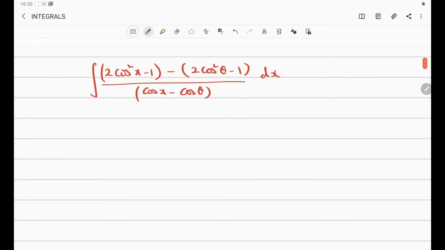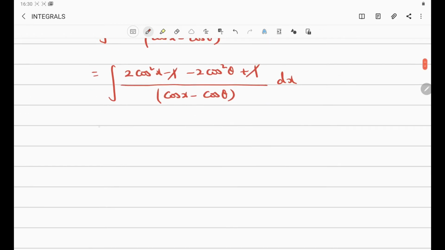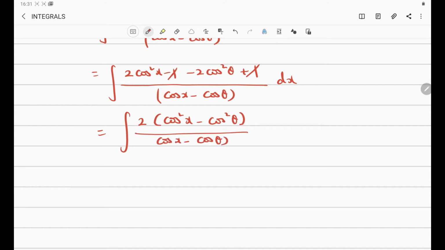dx. So, on simplification we get 2 cos square x minus 1 minus 2 cos square theta, minus into minus is plus 1, divided by cos x minus cos theta dx. So, plus 1 and minus 1 get cancelled and we get the integral of 2 times cos square x minus cos square theta divided by cos x minus cos theta dx.